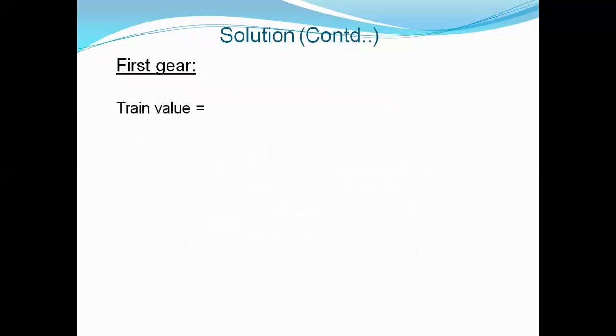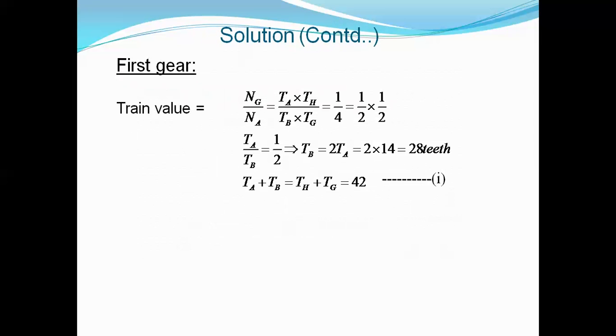సో సేమ్ NG by NA, TA into TH divided by TB into TG.